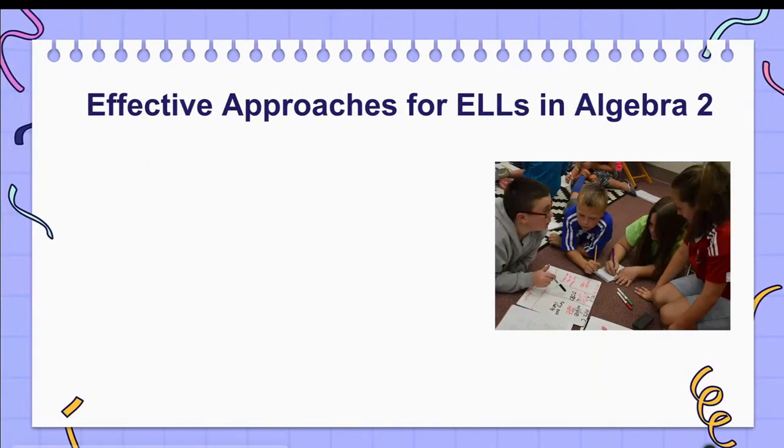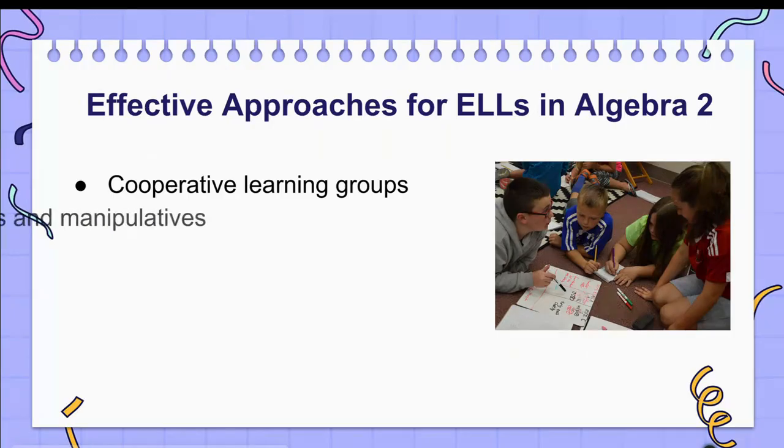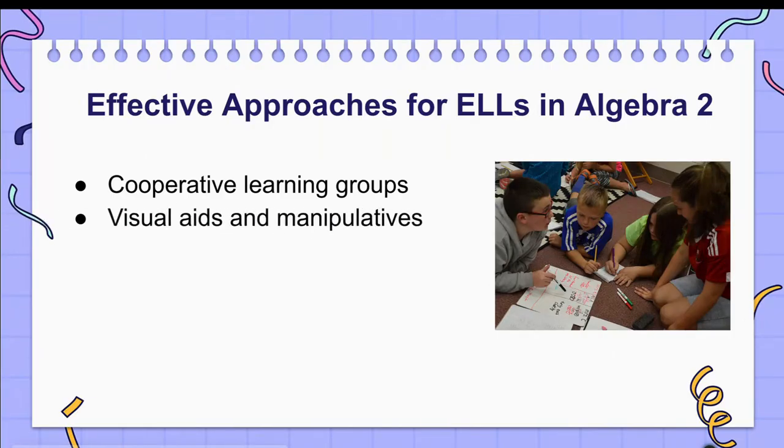So, what can we do instead? Here are some effective approaches for teaching Algebra 2 to ELLs. First, cooperative learning groups. This allows ELLs to practice language skills in a low pressure environment while also engaging with mathematical concepts. Number two, visual aids and manipulatives.